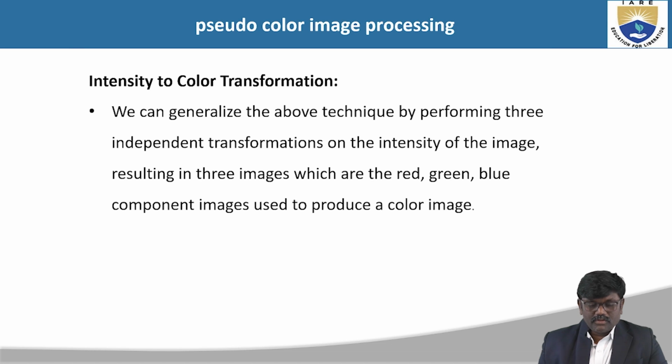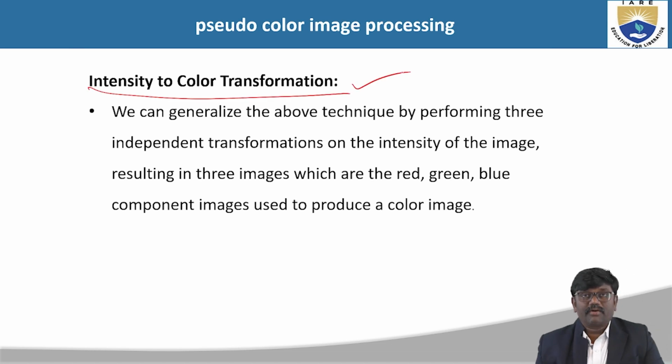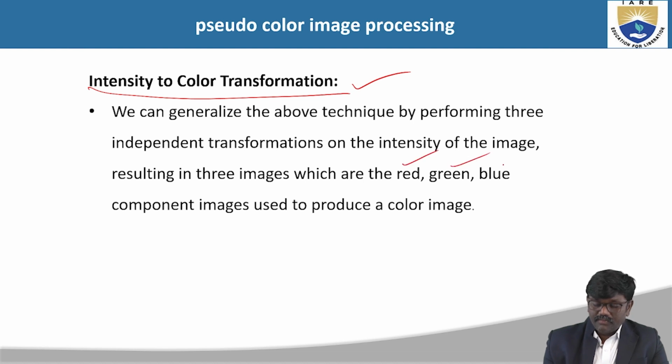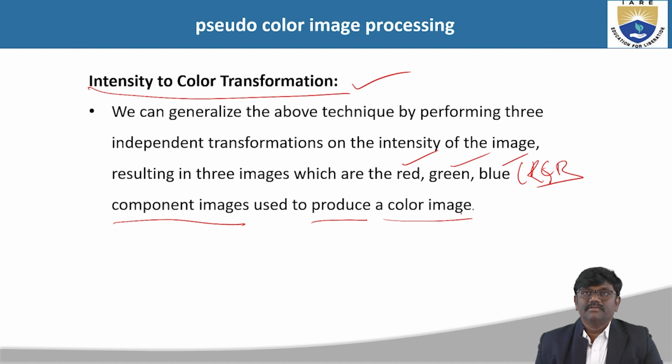Next, the intensity to color transformation. We can generalize the above technique by performing three independent transformations on the intensity of the image, resulting in three images, which are the red, green, blue, that is RGB component images, used to produce a color image.